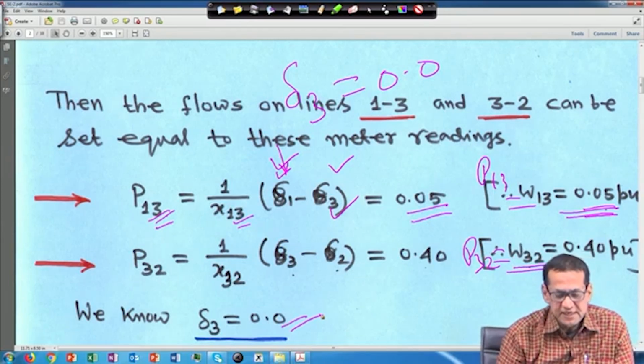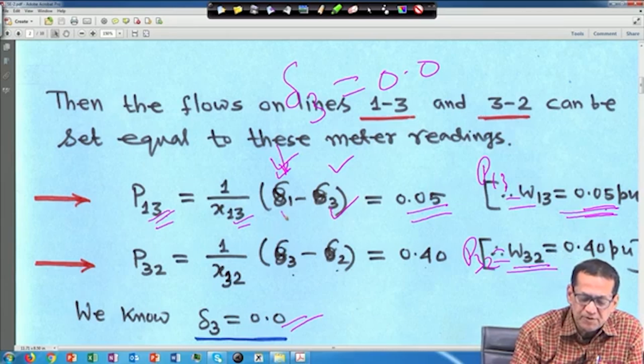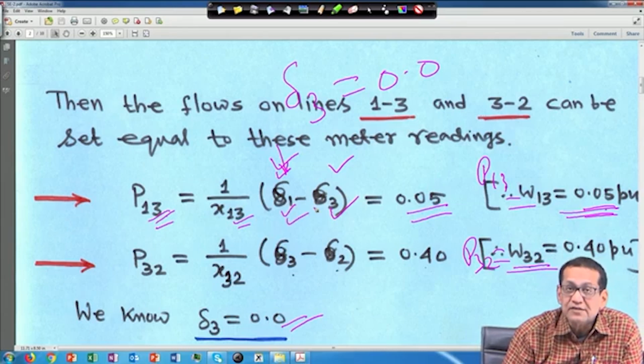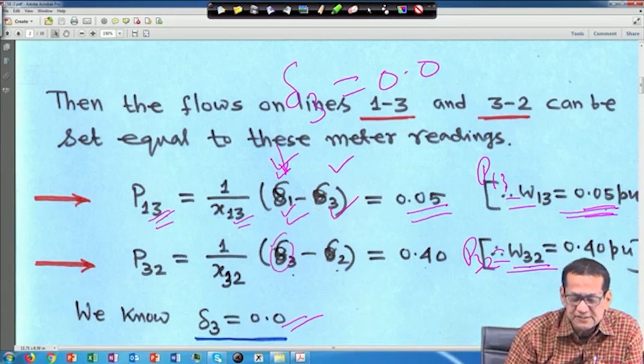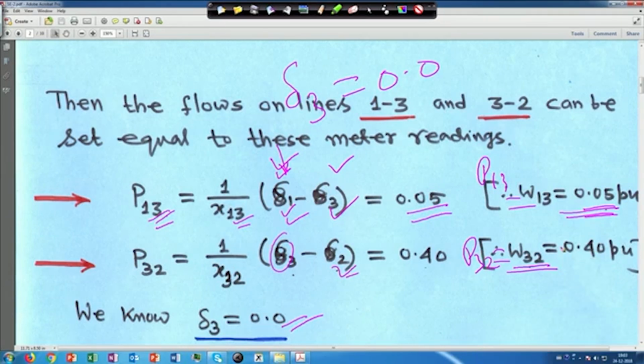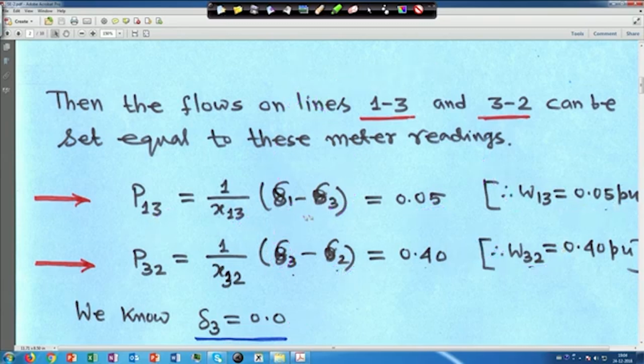From here you can calculate delta 1, and similarly from here you can calculate delta 2, because these two are known: this one is equal to 0.05 and this one is equal to 0.4. Delta 2 will be negative, and delta 1 will be positive, right.